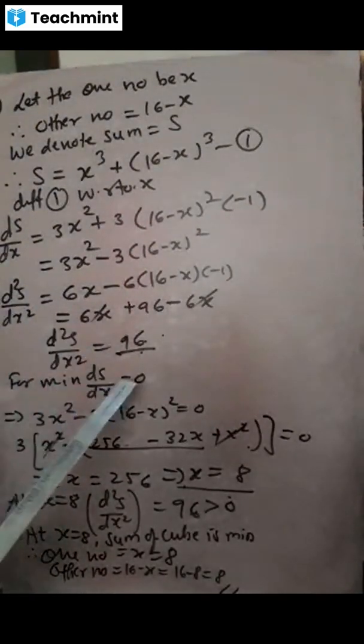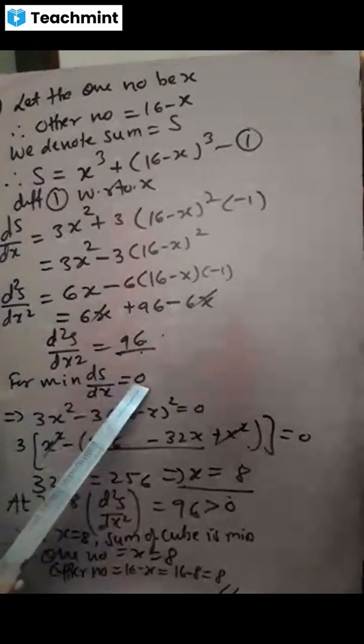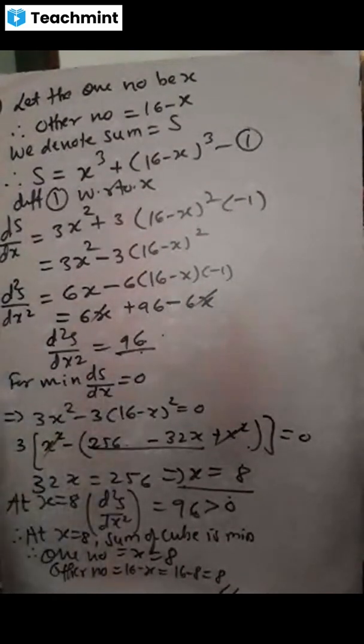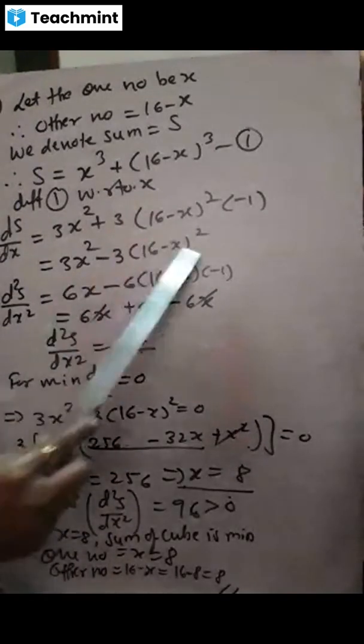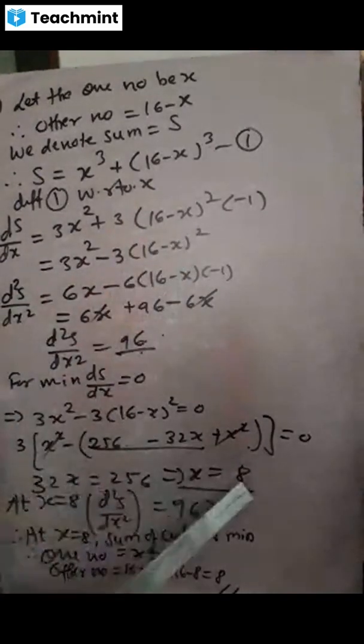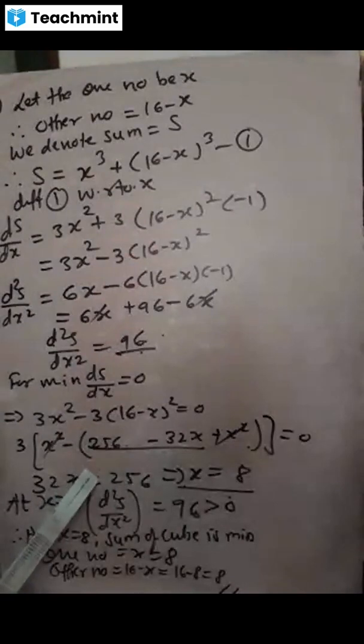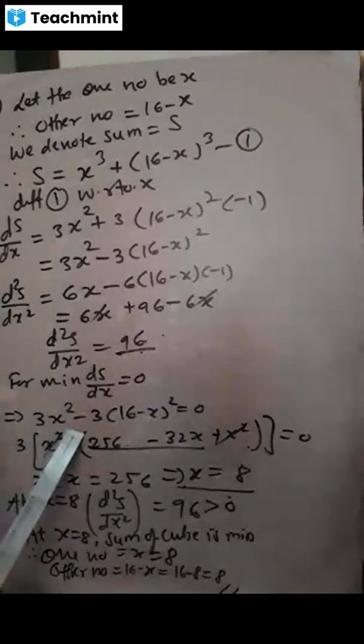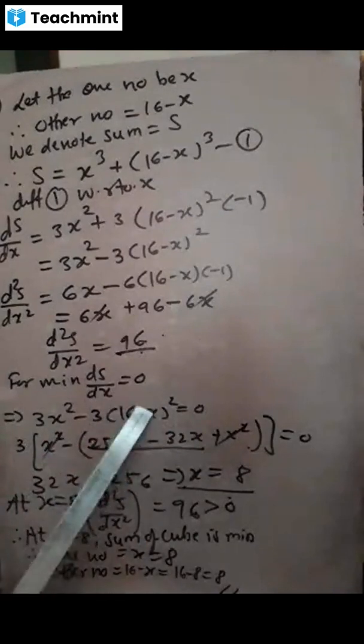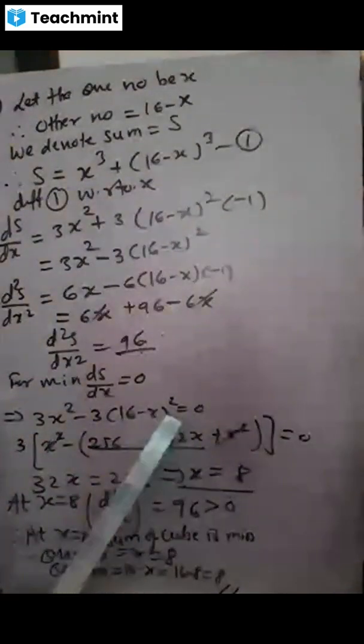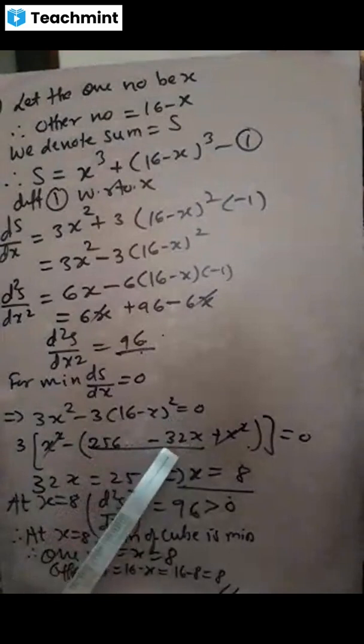So for minimum, dS/dx value is 0, because we have to find the minimum value. So we will put this equal to 0 and get the value of x after solving. Putting this as 0, taking 3 common, then opening the bracket using (a minus b) whole square equals a square minus twice ab plus b square.